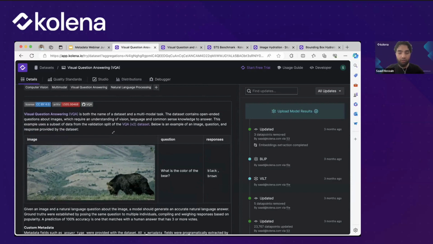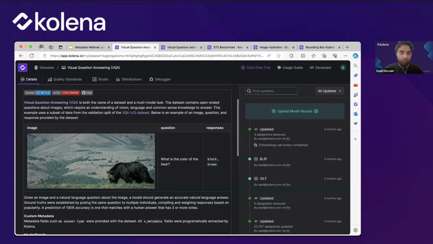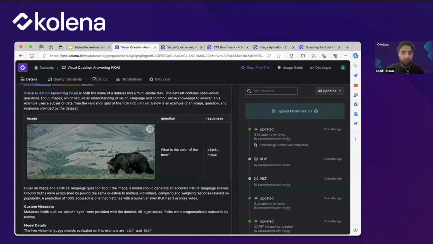That question will generally pertain to the image itself, and we want a response based on the information present in the image. For example, a question would be, what is the color of the bear? Some acceptable answers would be black and brown. And that's effectively the problem.